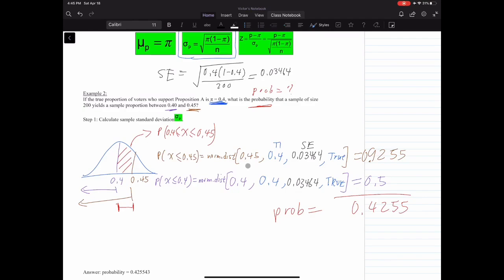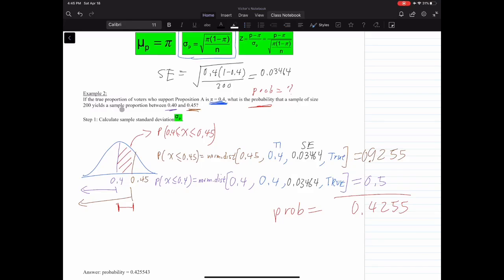The first variable, our x, is 0.45, because we're looking for x less than or equal to 0.45. Second variable is your mean, which is your population proportion, 0.4. Third variable is your standard error, or adjusted standard deviation. We use the adjusted standard deviation because we're dealing with a sample.